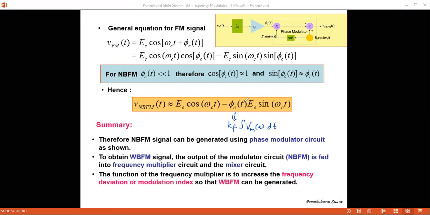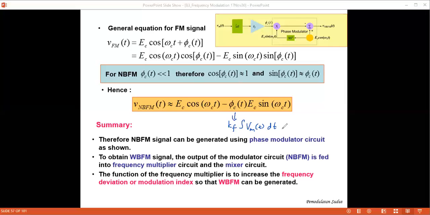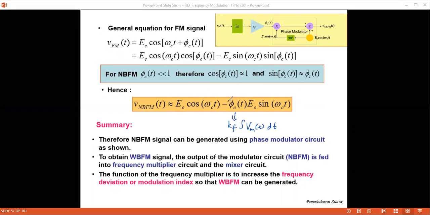This phi-CT will multiply with EC sine omega CT, and the minus of this term will be added to EC cos omega CT. So we can transform this into a block diagram.